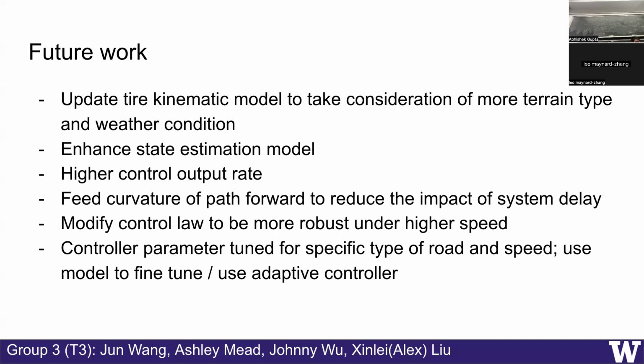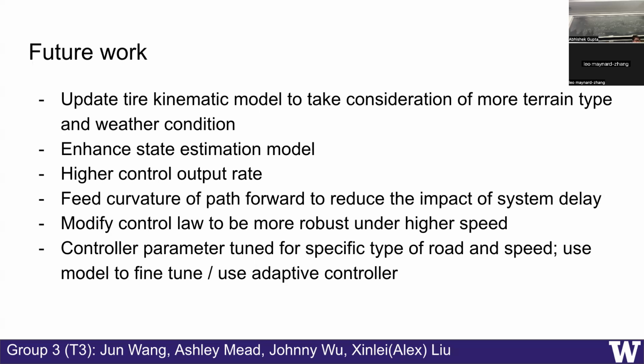They could also enhance the state estimation model. I believe we could use LiDAR or some sort of sensor model. Definitely use a higher output control rate, higher than 20 Hertz, which will reduce the amount of error during each time step. Feed the curvature path forward to reduce the impact of system delay.